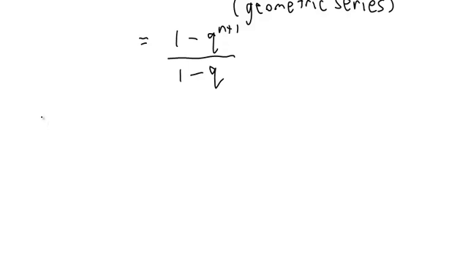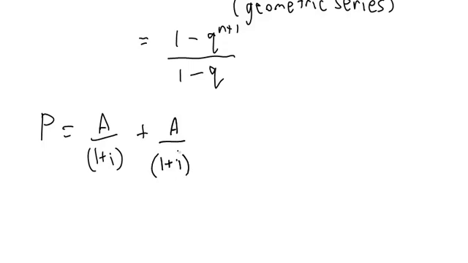So let's see. We have that P is a over 1 plus i plus a over 1 plus i squared plus a over 1 plus i to the n, which is very close to being a geometric series.